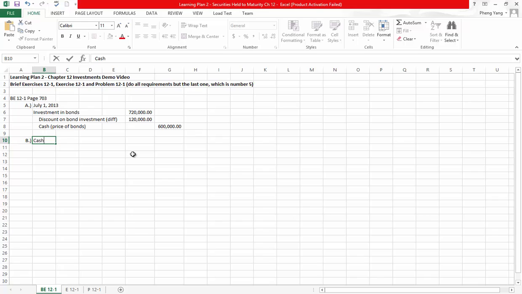So we know we will debit cash. We know we will debit discount on bonds investment. And we will record interest revenue.